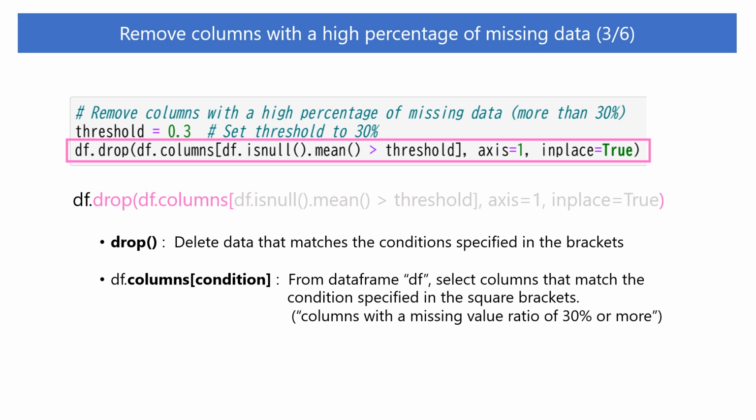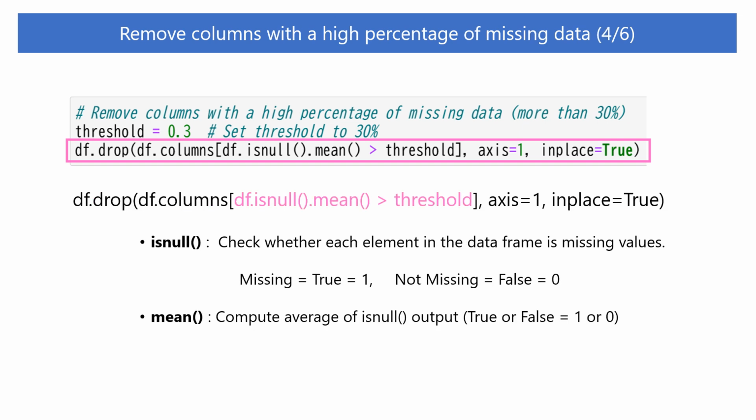This means that only the data that matches the condition defined within the square brackets will be selected from the columns in the data frame. In order to set the column as the data to be deleted, it is necessary to use df.columns rather than df before the square brackets.